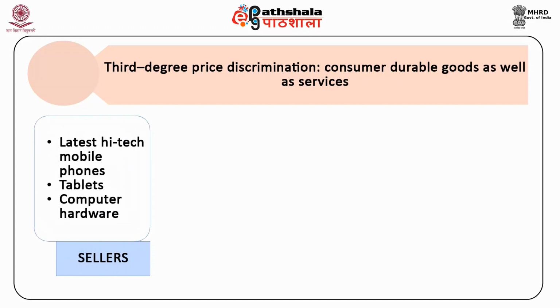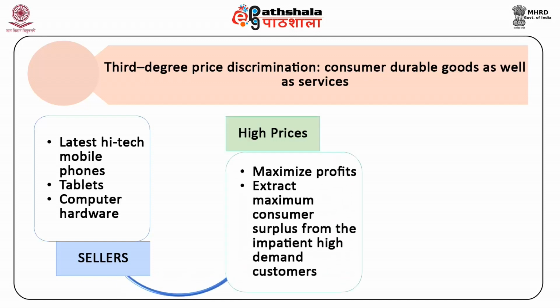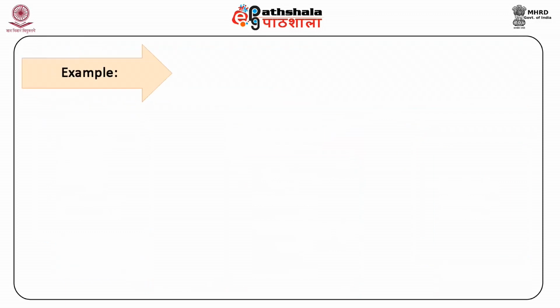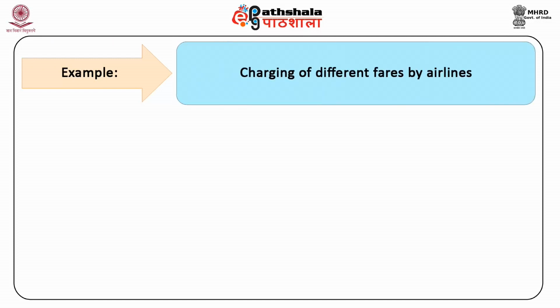Sellers of latest high-tech mobile phones, tablets, computer hardware, or any other kind of electronic devices typically start out with high prices in order to maximize their profits and extract maximum consumer surplus from the impatient high demand customers, and gradually prices are lowered.